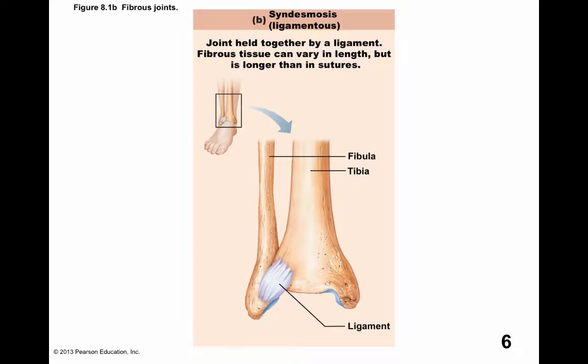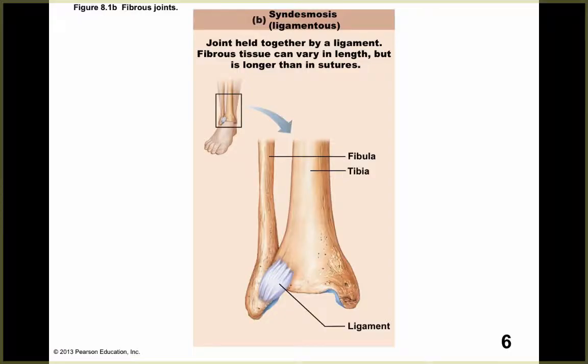So syndesmosis, which is also known as ligamentous, are joints held together by ligament. And so if you look at this, essentially you can see this between the fibula and the tibia here. And basically looking at this area that's down here, right?